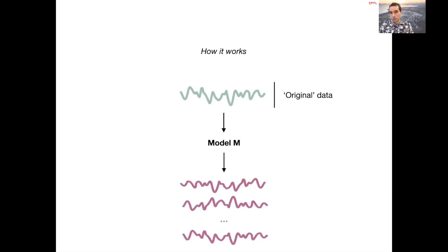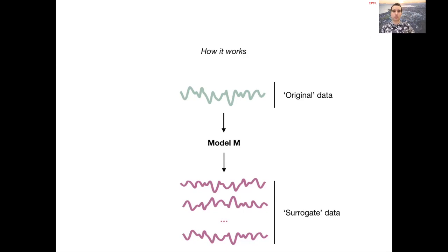So what we do in surrogate testing or null model testing, which are equivalent words, at least I will use them in the same context, is that we identify a model from the original data, the one that we want to test whether it's sufficient to represent the original data. And from this model, we generate a lot of data with, for example, random input noise in the model. And then we compare what we call surrogate data to the original data.